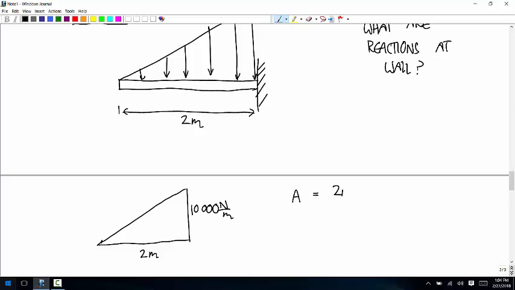So the area is 2 meters times 10,000 newtons per meter divided by 2. And so the total force is 10,000 newtons. That's just a coincidence with the numbers I used. There's no automatic relationship between the maximum of that distributed load and the force. You have to calculate that area.